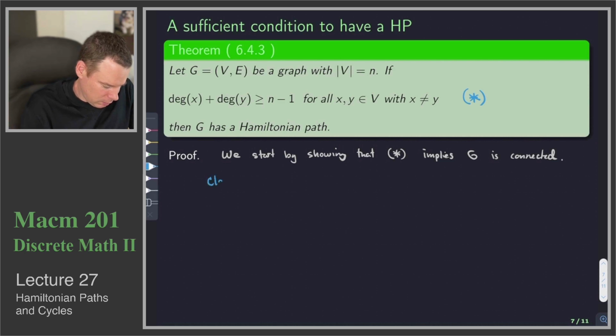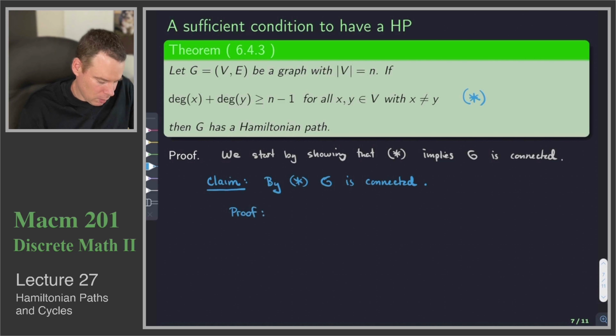We'll call this claim. And what is our claim? By star, G is connected. And let's prove that. In order to prove this, we'll use a proof by contradiction. So we'll go towards a contradiction.